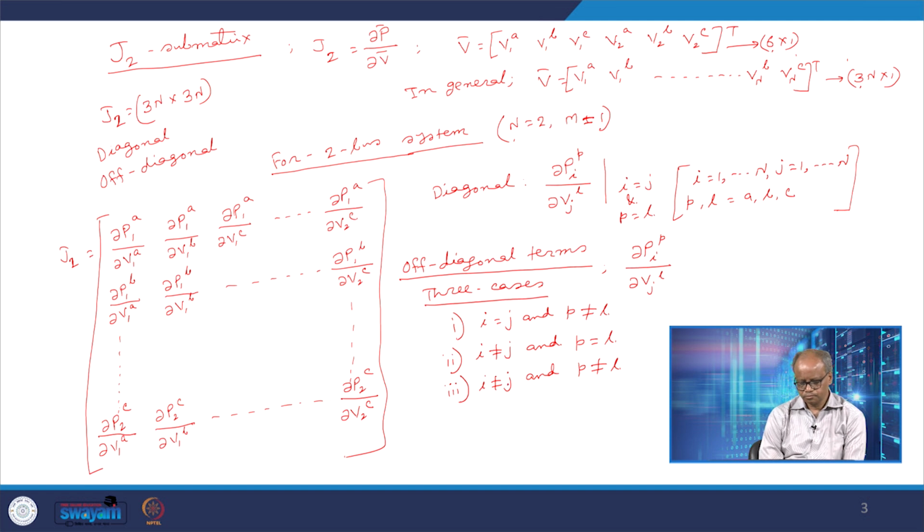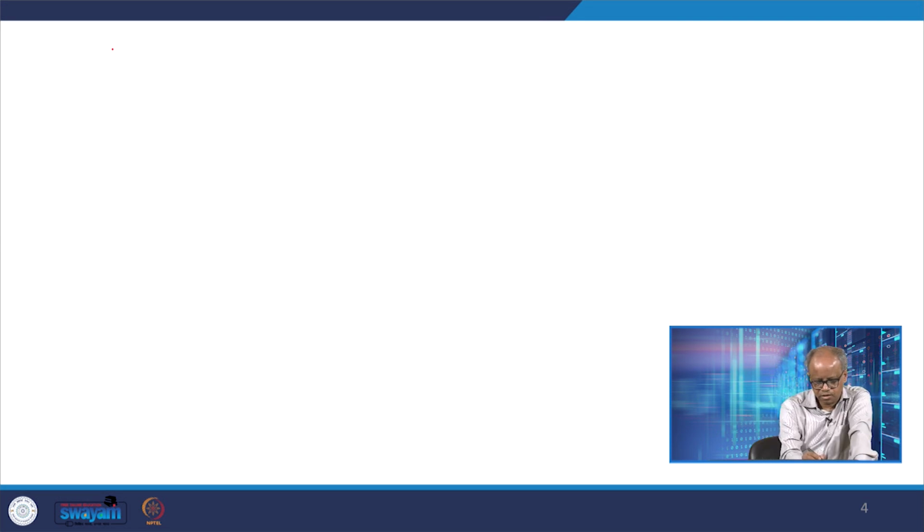So, we have to derive the equations for these elements. These three cases cover all the off diagonal terms, and the other case covers the diagonal terms. So, we have to find the expressions for all these four cases. First let us look at the off diagonal terms.